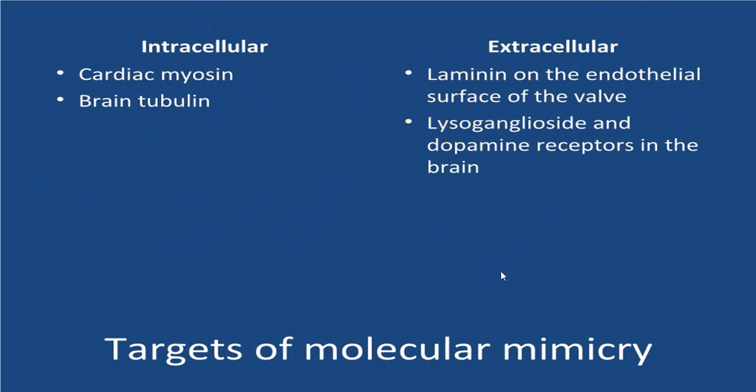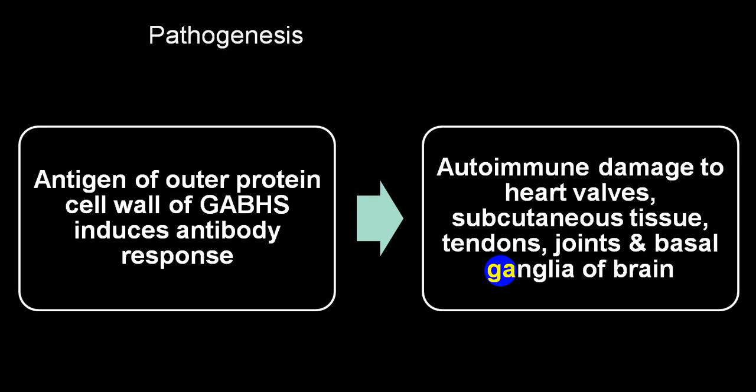These are some of the areas where you can have molecular mimicry and reaction. So antigen will produce antibody and that antibody will cause autoimmune damage to heart valve, subcutaneous tissue, tendon, joints and basal ganglia of the brain. And it can also involve all the structures of the heart.